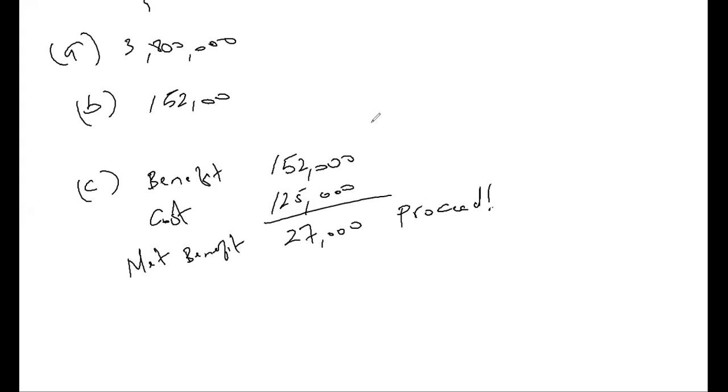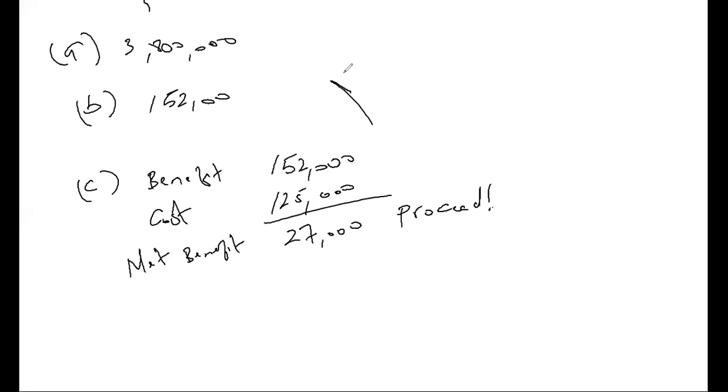Okay. So what did you get for your answer? Accept the bank offer. Accept. What did you get for your difference, for your net benefit? 837,500.